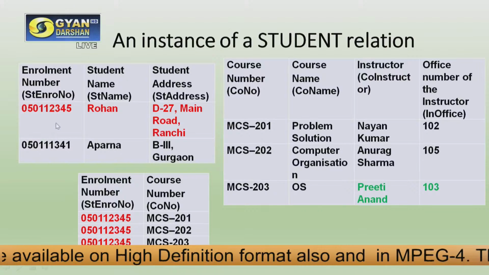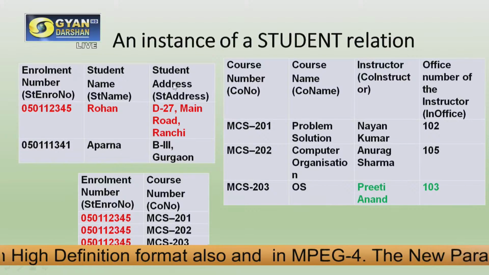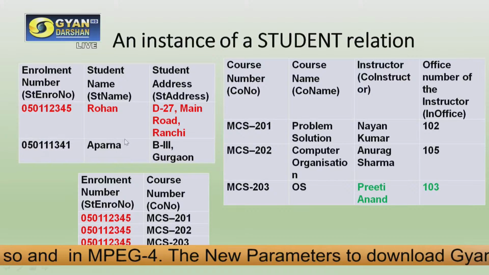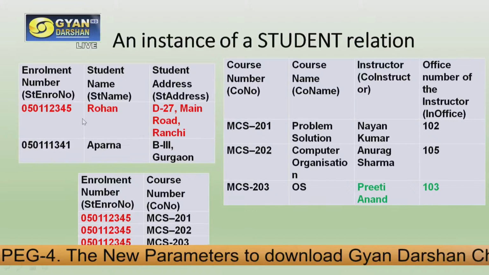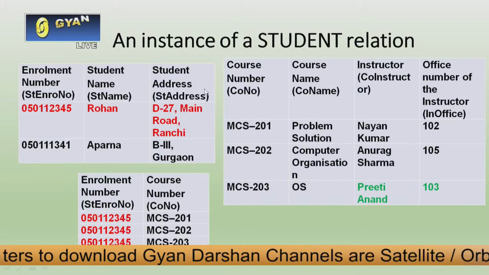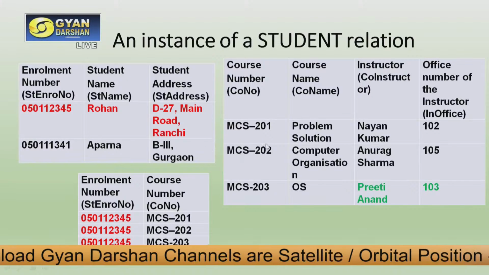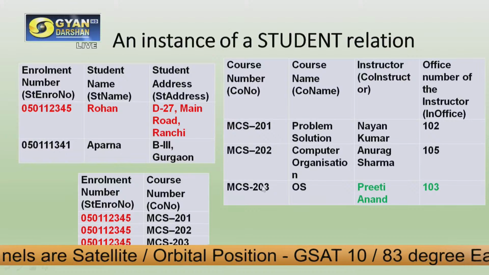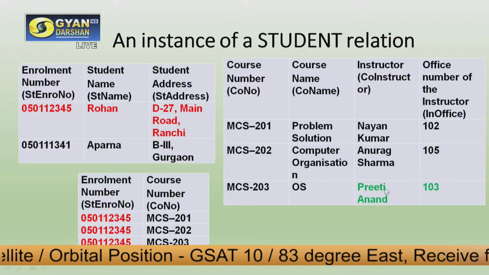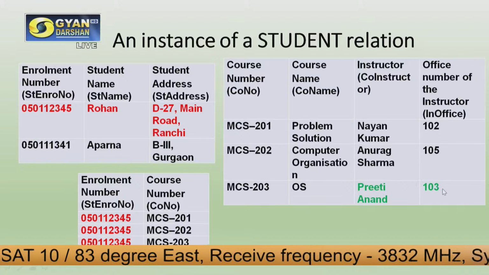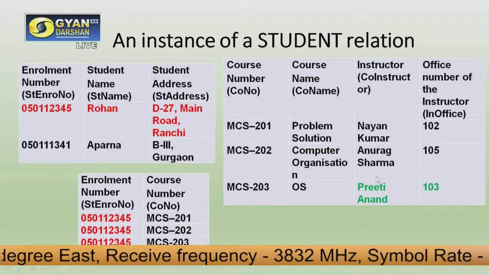Now, because of normalization, that is decomposition, decomposing the table we get just 2 tuples because there were only 2 students' data, Rohan as well as Aparna. As far as courses are concerned, there were 3 courses, 201, 202 and 203, operating system, which was being taught by Preeti Anand. So now the redundancy in this particular case also has been reduced.